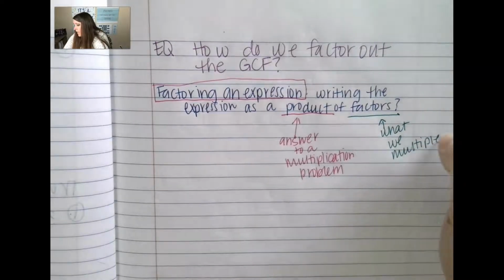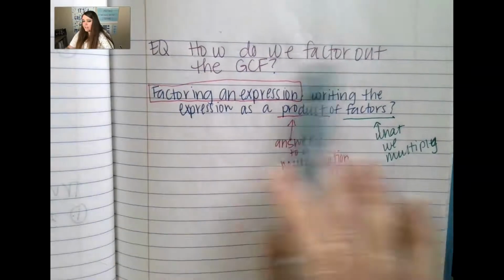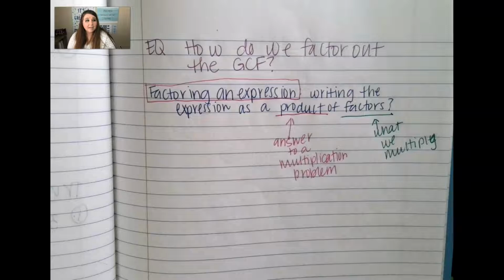So when we are factoring out an expression, we're working backwards to pull out the greatest common factor and create a distributive model.